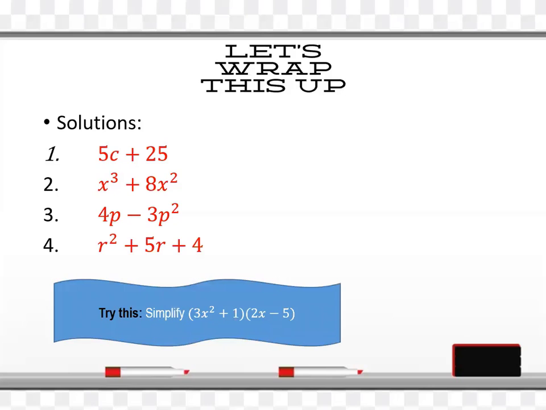Now here's my closing task for you. Simplify 3x squared plus 1 times 2x minus 5.